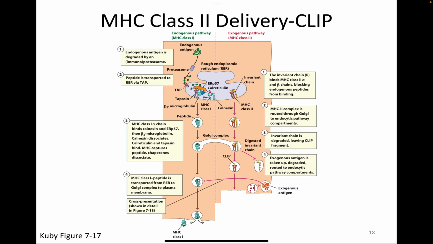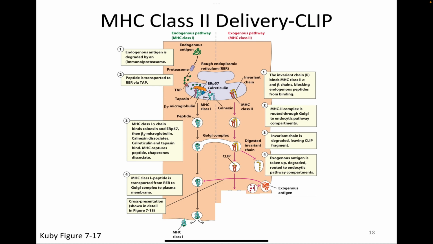So basically, we're going to take class 2, we're going to have CLIP in the peptide binding cleft. We're going to have other parts of the invariant chain help move. And eventually, we're going to get class 2 plus CLIP into the place with the peptides.